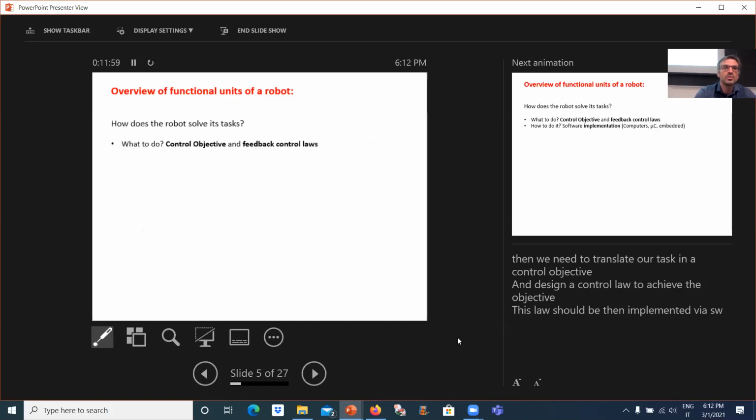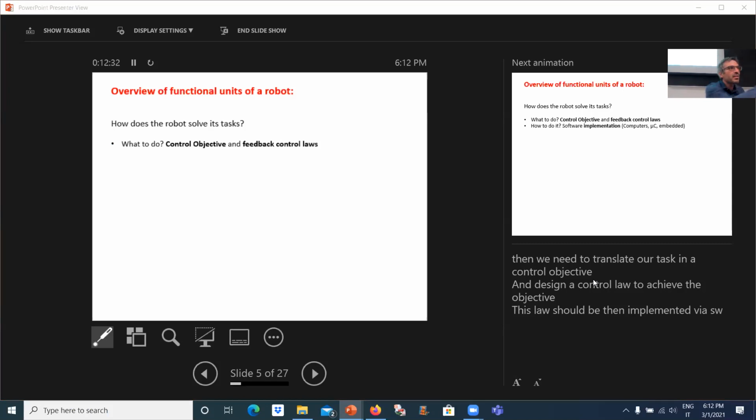So how does the robot solve its task? First, it needs a control objective, and then a feedback control law. So we need to translate our task into a control objective. If I want to put the tip of my robot from this point to there, I need to find a trajectory that is feasible to reach from the actual point to that point.